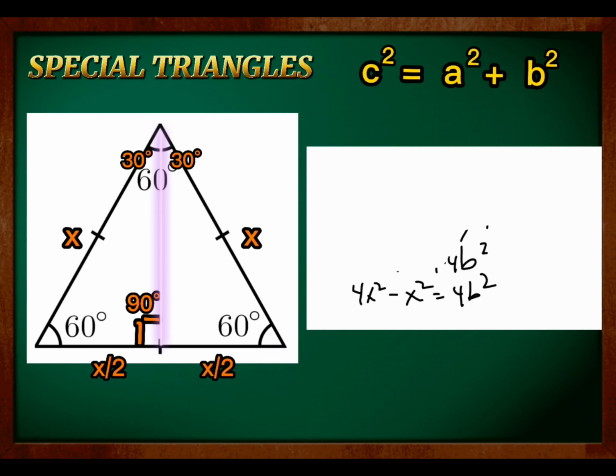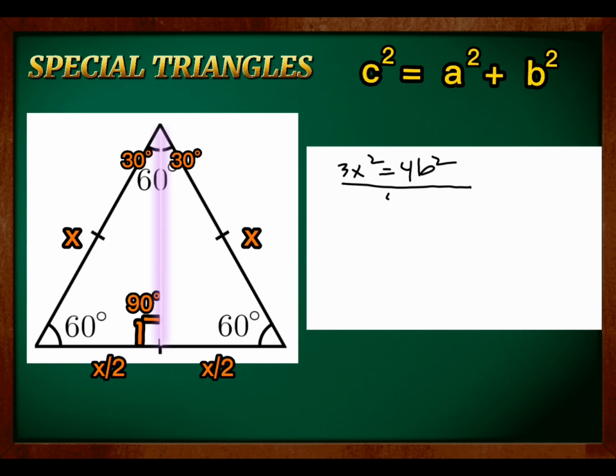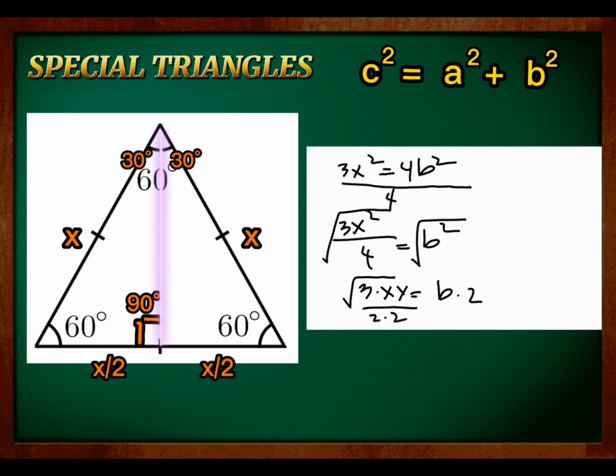To get the value of b squared, we eliminate the coefficient 4 by dividing both sides by 4. So that's 3x squared over 4 equals b squared. To find again the value of b, find the square root. So the square root of 3x squared over 4 is x square root of 3 over 2, and this one is b.